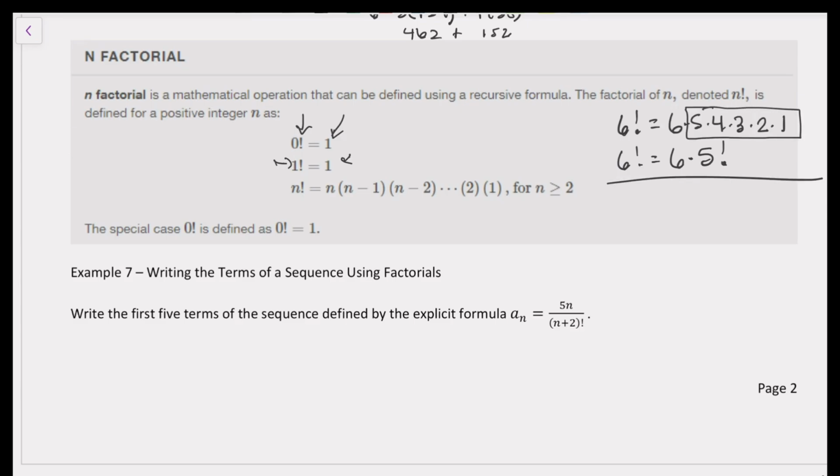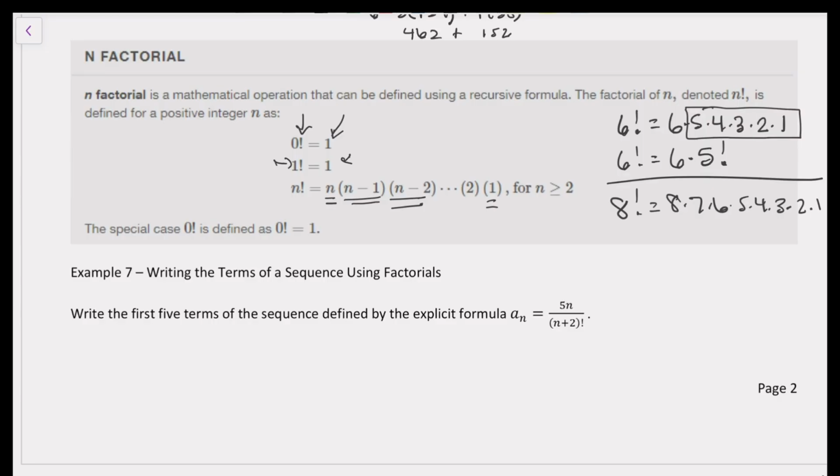I would rather us remember that it is that number, like here, 8. I'm not going to put 7 factorial. I could, but I'm not going to. I'm going to say 7, 6, 5, 4, 3, 2, 1, on down to 1, multiply together. Okay? So that's what this is. So if it was 8 factorial, 8, 7, 6, all the way down to 1.